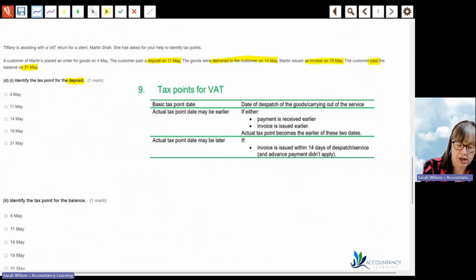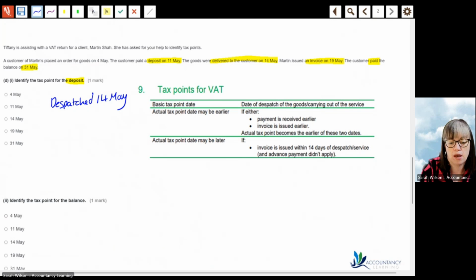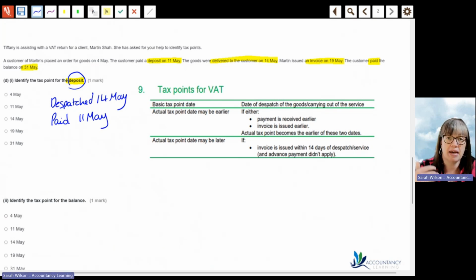We were told in the question that the goods were dispatched on the 14th of May, but we're talking about the deposit here. That was paid on the 11th of May. Because payment has been made earlier, our tax point for the deposit is the 11th of May.